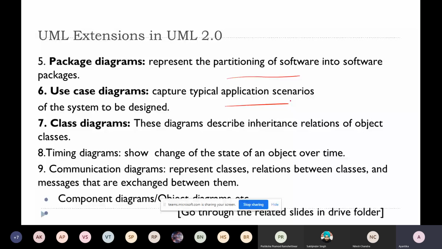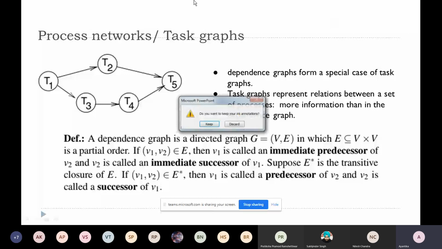So that's why UML, with these new extensions, I'm not talking about the initial versions of UML, is very effective when we are thinking about embedded modeling.